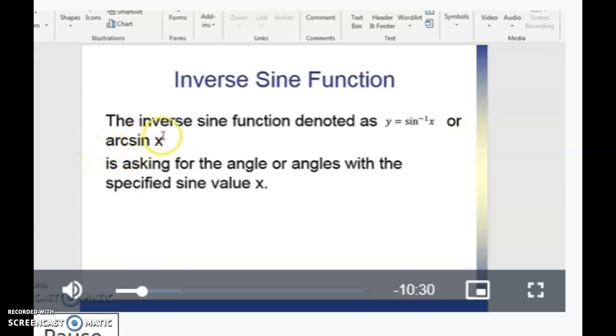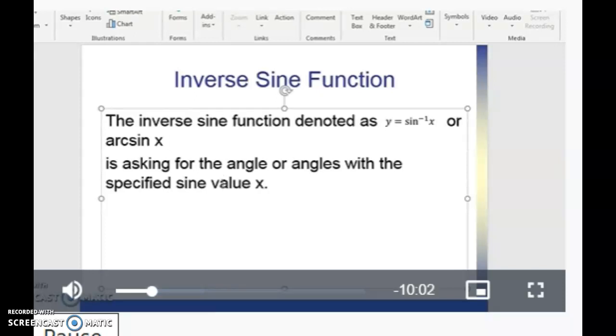So the arc sine of x is another way of denoting the inverse sine of x. Regardless, it is asking for the angle or angles with the specified sine value. So, when you are finding the inverse, your answer is an angle measurement.